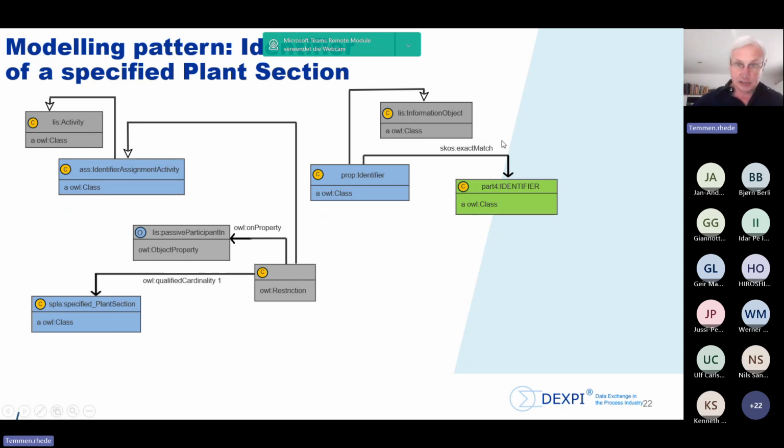In this picture we have no direct modeling relation from the identifier to the plant section, only an additional assignment activity, and this assignment activity is related exactly one time to the plant section.